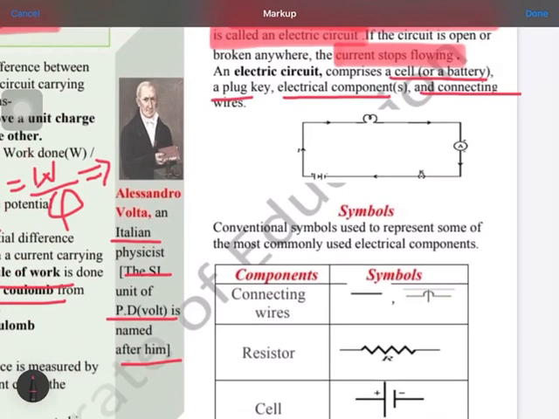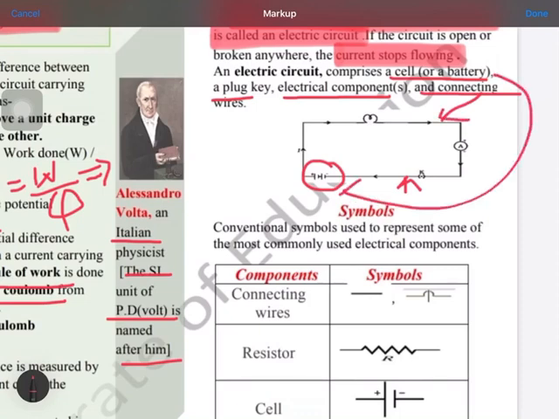electric circuit, this is your battery, these are the connecting wires, this is your plug-in key, and this is your electrical component.